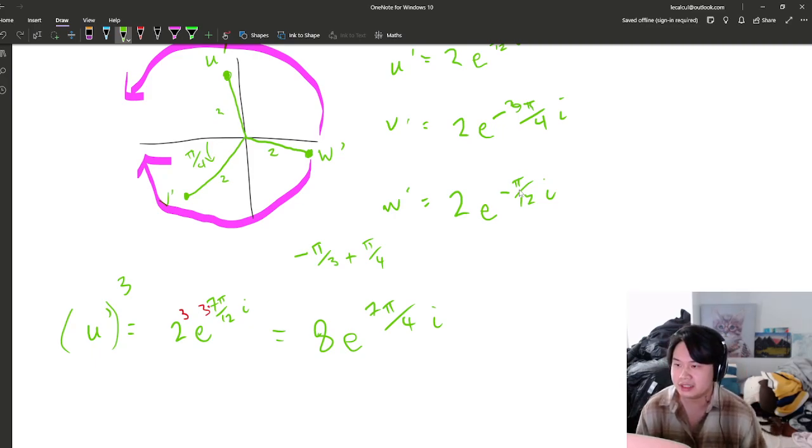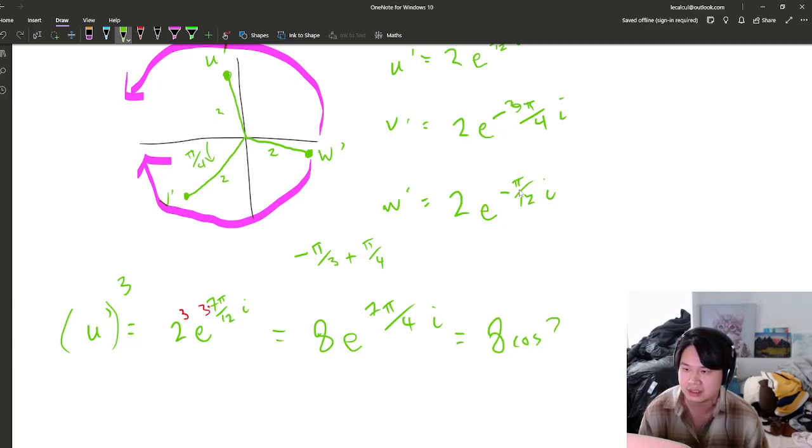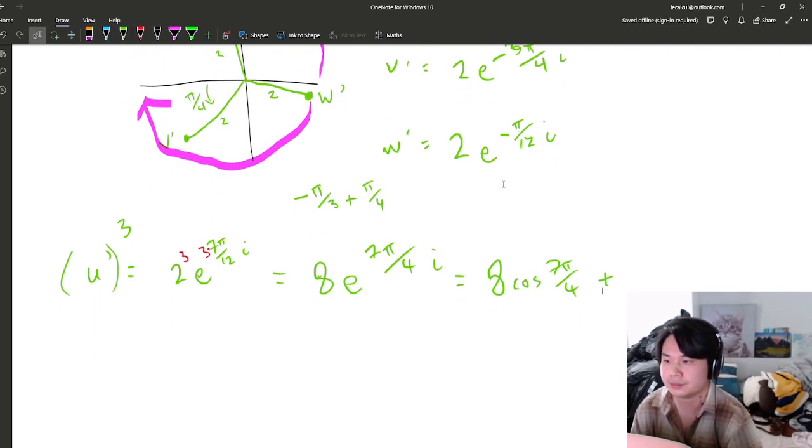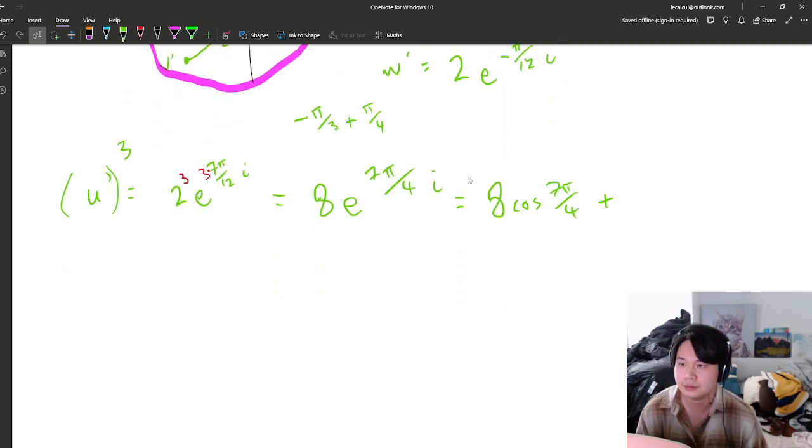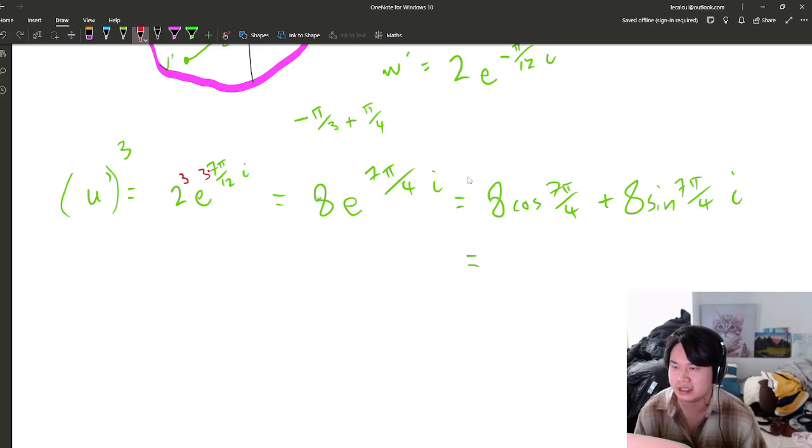And then we want this in Cartesian form, so this is going to become 8 cosine 7 pi over 4 plus 8 sine 7 pi over 4i. And then you need to know your angles again. This is what? Negative 1 over root 2, and this is positive.